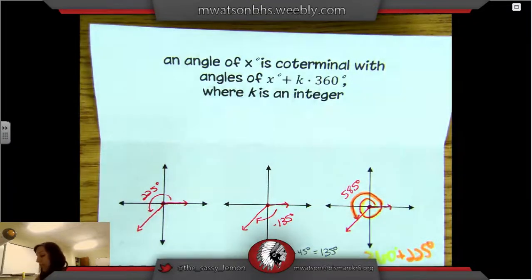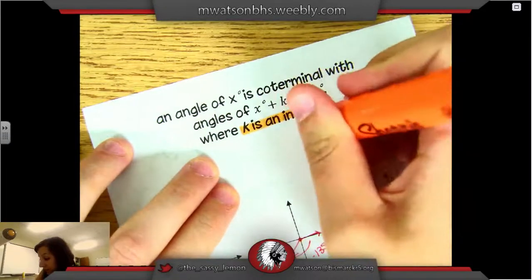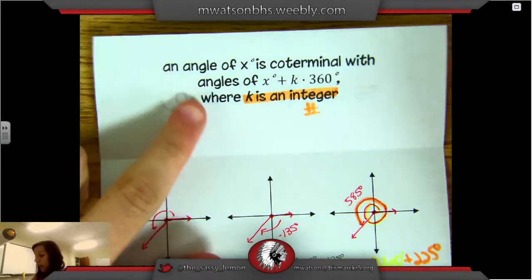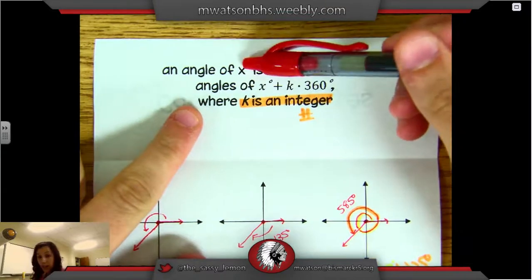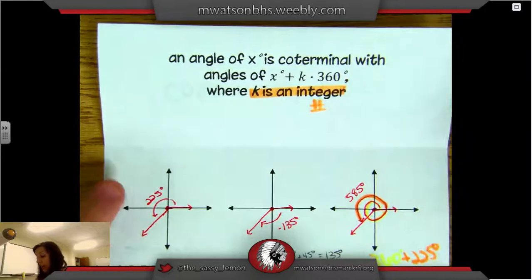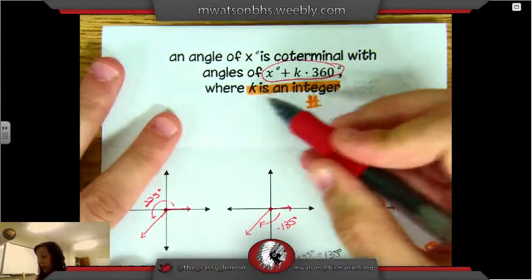So k is just some number. Hopefully you know that from Algebra 2. An integer is just a number, positive or negative. Integers are positive or negative. So an angle x, like this one right here, is coterminal with any angle equal to this. You can just plug in some random k.